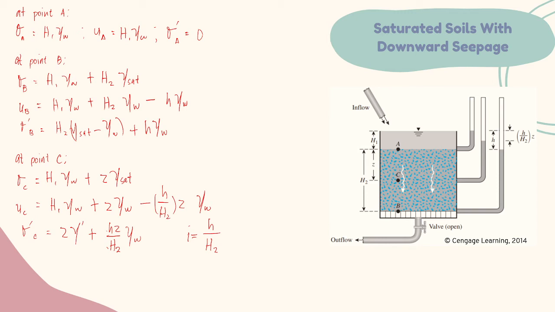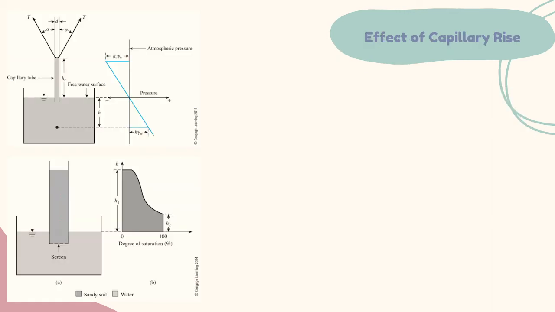So now we can proceed with the effect of capillary rise. I think you're already familiar with this. So for example, we have some free water surface here and you attach some tube.